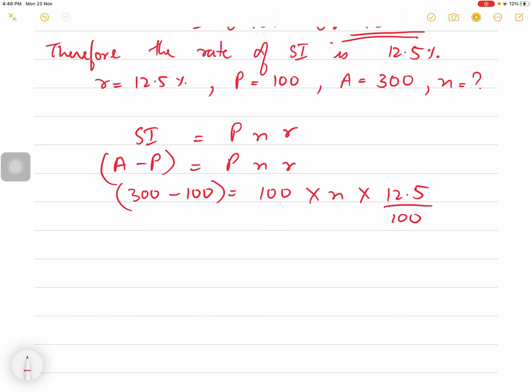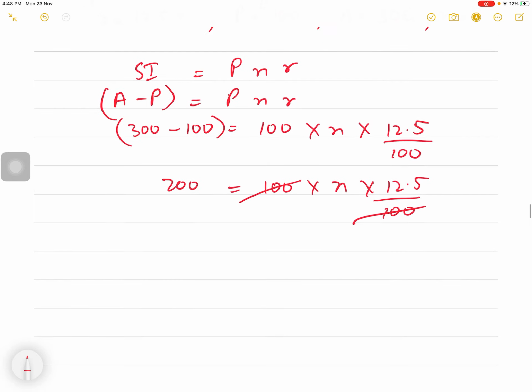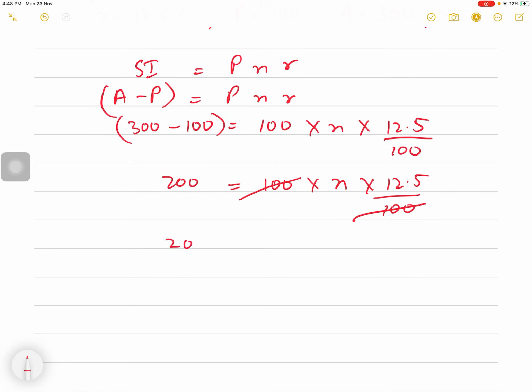The 100 you can just cancel. So 200 is equal to N into 12.5. N is equal to 200 divided by 12.5.